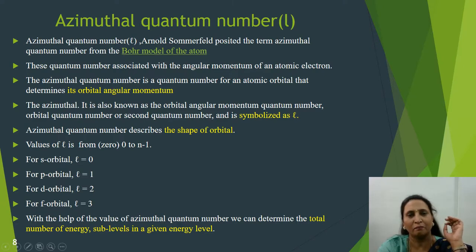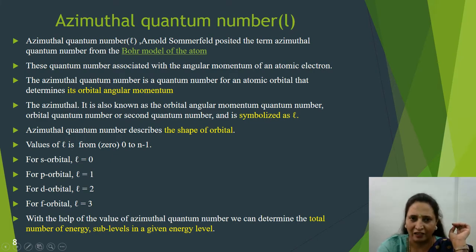The azimuthal quantum number describes the shape of the orbital in which the electron is present. Please keep in mind, the principal quantum number gives an idea about the size of the orbital and atom in which the electron is present, whereas the azimuthal quantum number gives an idea about the shape of the orbital.